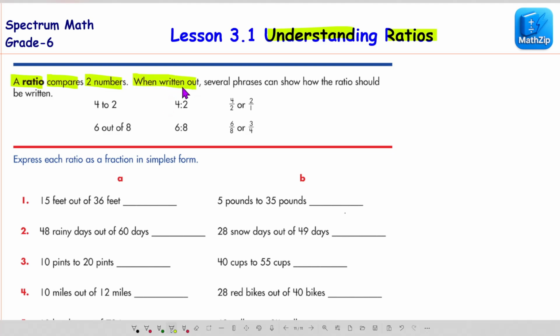When written out, several phrases can show how the ratio should be written.